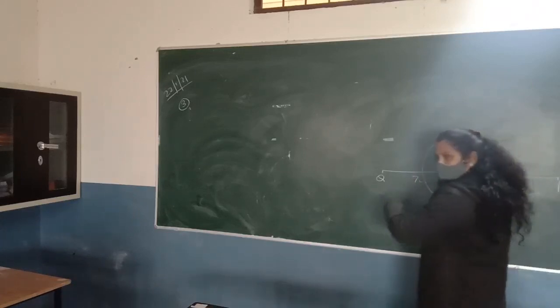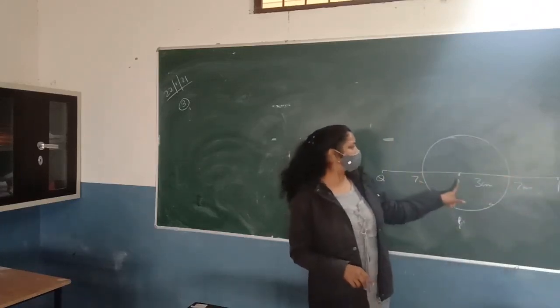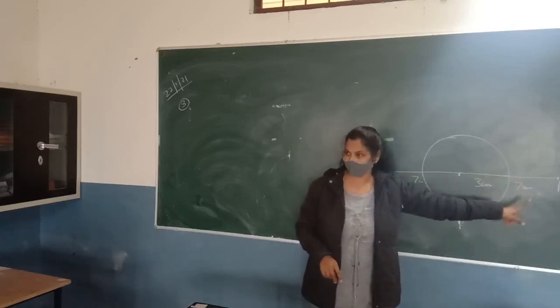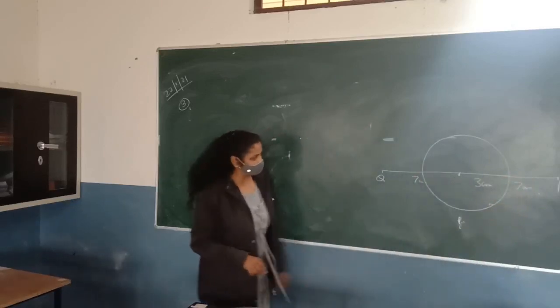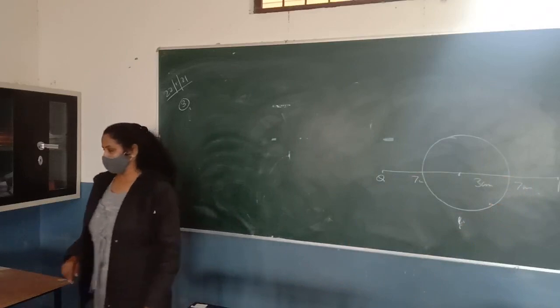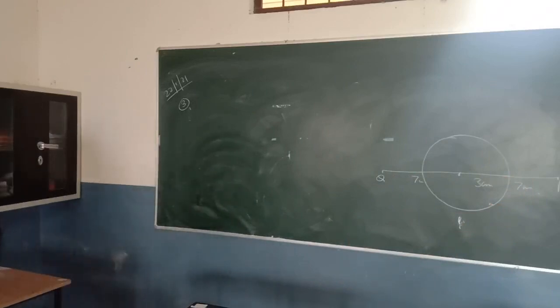Extend the diameter up to the points P and Q such that the distance from the center is 7 centimeters for both the points.